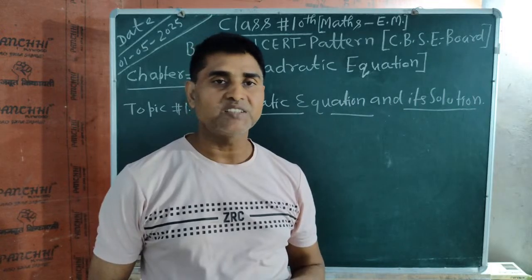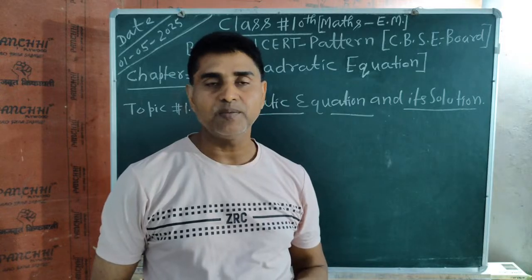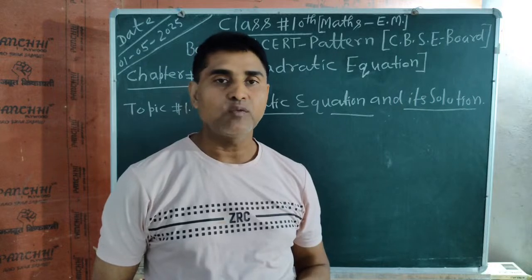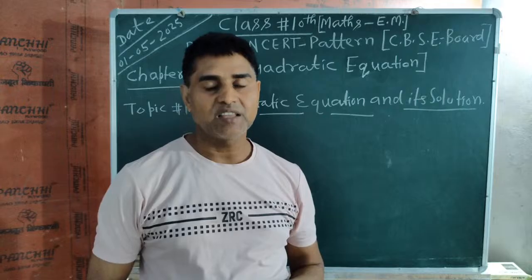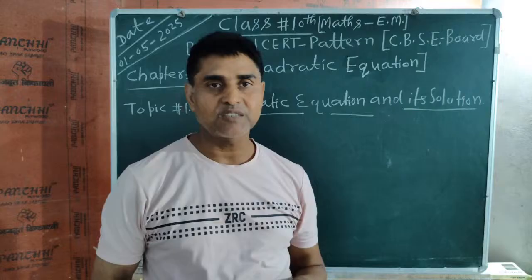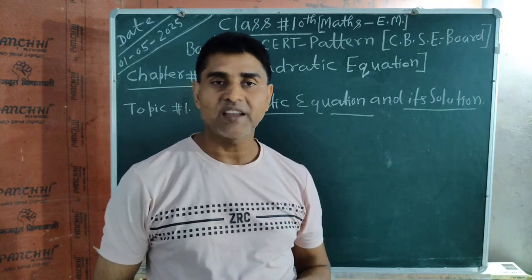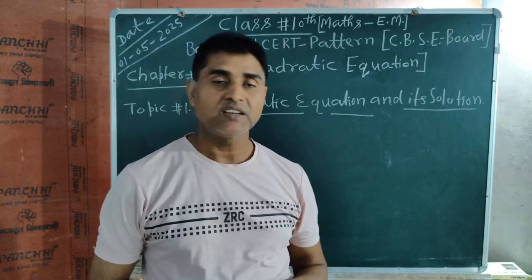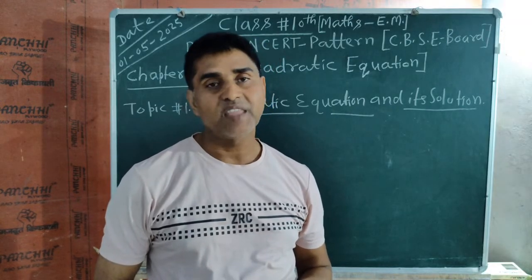In the second case, if I put the value of x equal to alpha in the given expression, and I get the value of that expression as 0, then I will say alpha is satisfying that equation, which is known as a quadratic equation. It means alpha is a root of that quadratic equation.